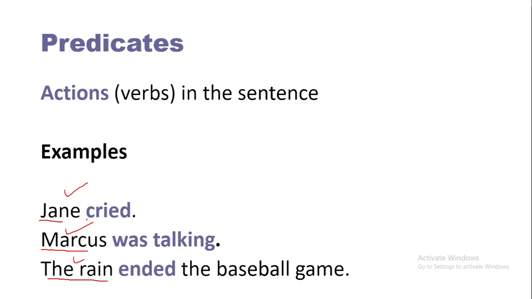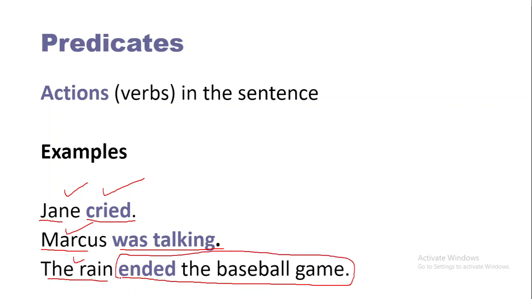Whatever information is there about Jane is basically the predicate, and whatever information is there about Marcus in this sentence is the predicate. The rain ended the baseball game, so ended and whatever comes after that is the predicate of this sentence. So whatever information is given in a sentence about the subject is basically the predicate.